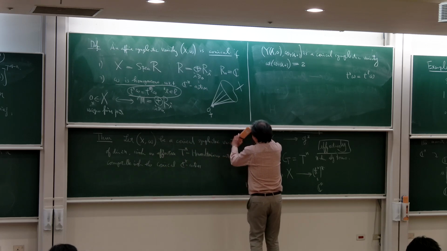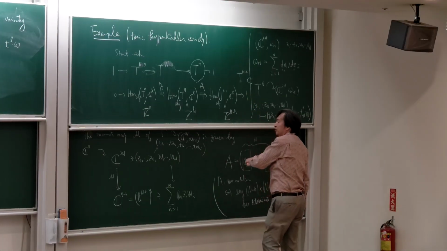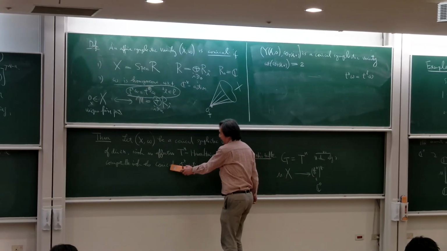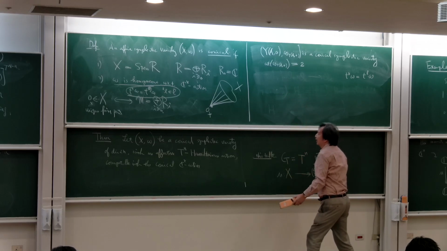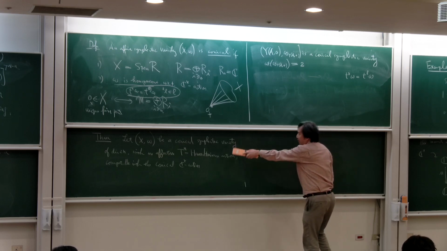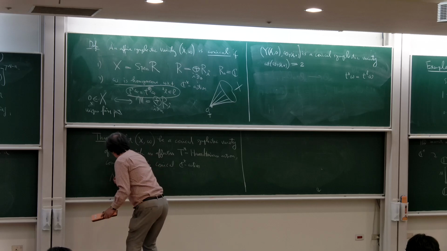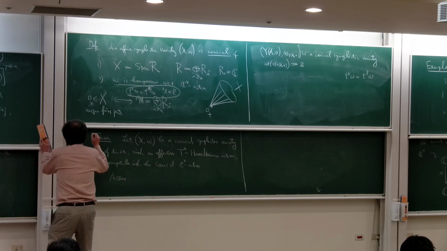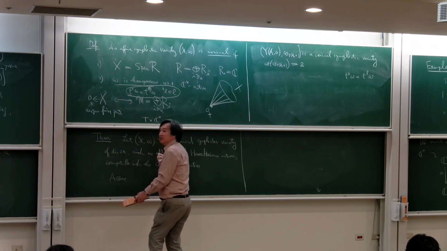The T action preserves the symplectic form, but this conical C-star action doesn't preserve it, and it has some positive weight. So they are different actions, and assume that they commute, so T times C-star acts on this space.